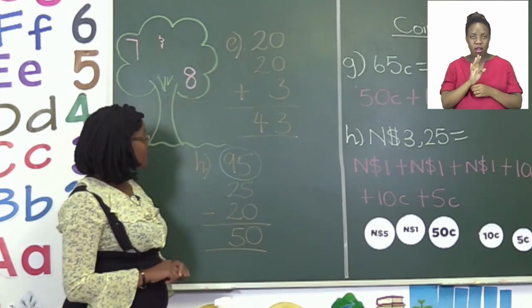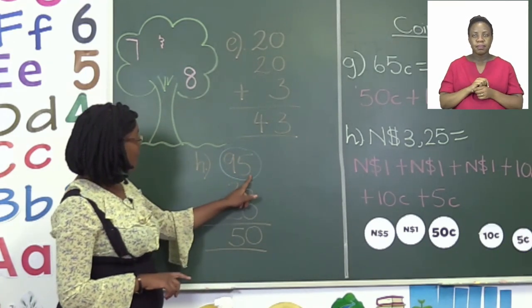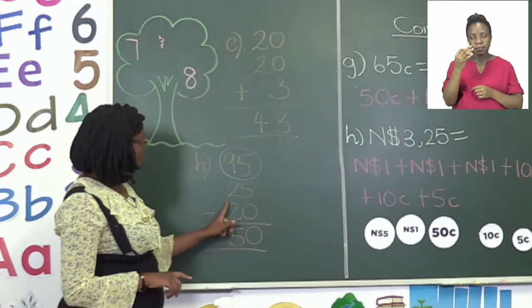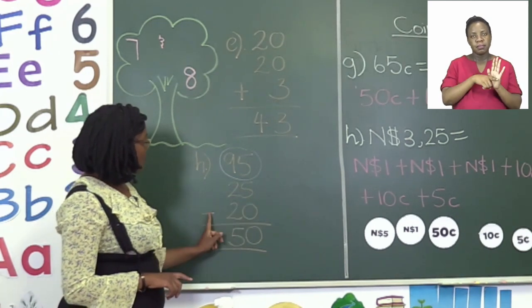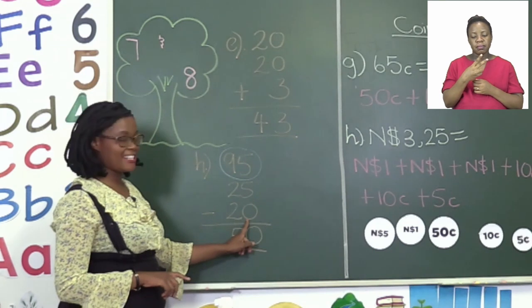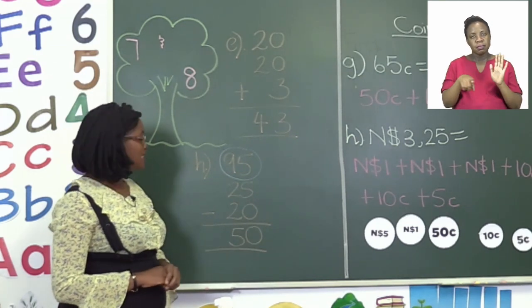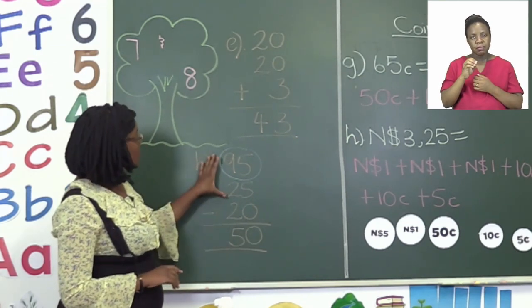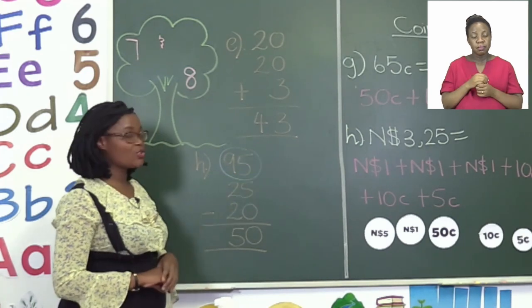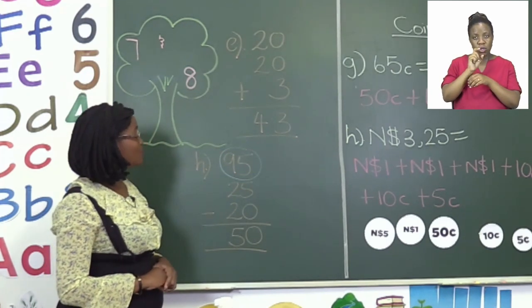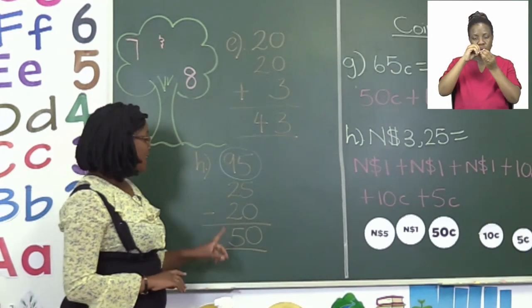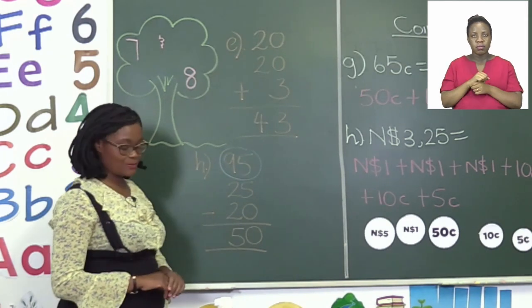Now, the first one that we have is 95 minus 25 minus 20. The first thing that we have to do is to subtract the 2 on top. These are the two numbers that will help us subtract the other ones as well.